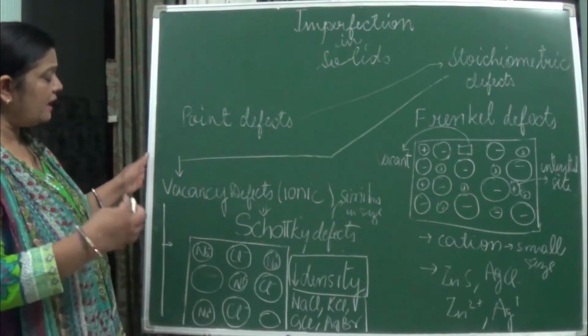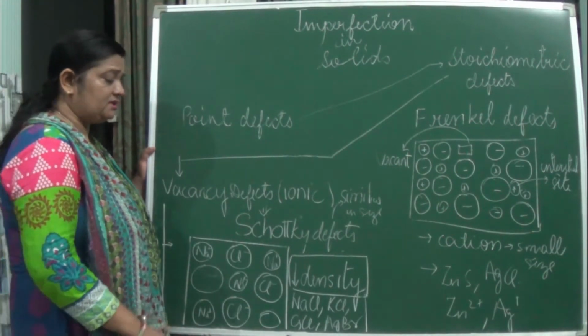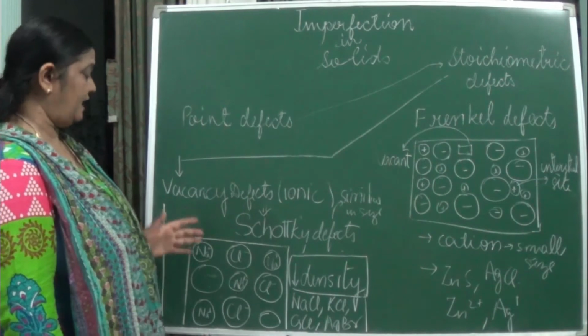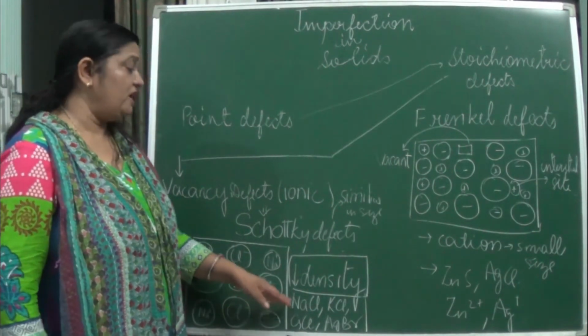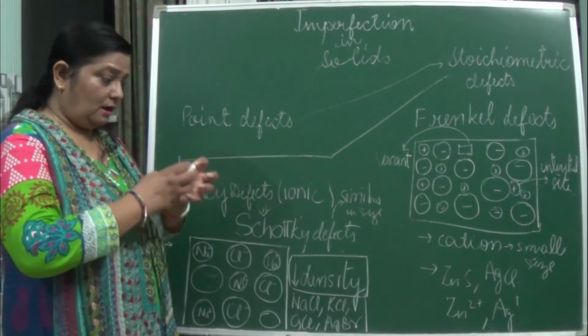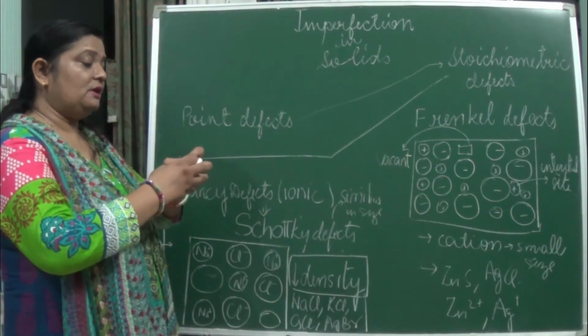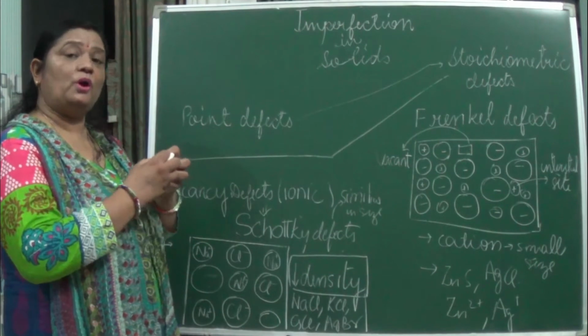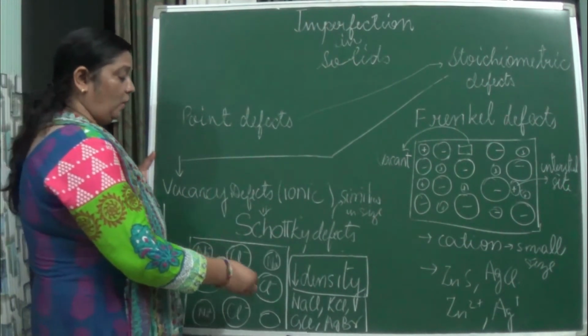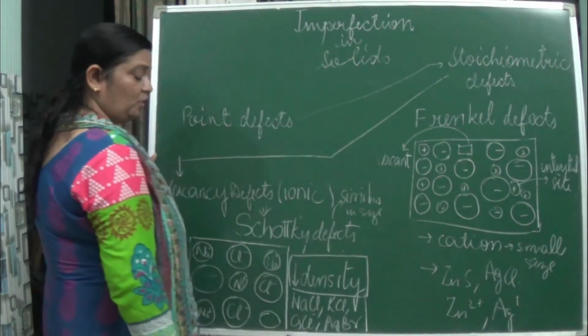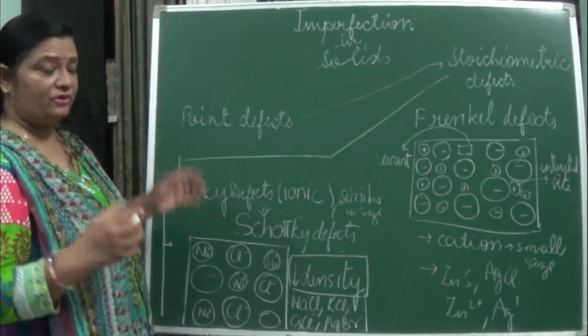So in which type of solids or compounds can we see this case of defect, the Schottky defect? That is where the atom size is similar in nature, like we are seeing with Na and Cl. No such big difference is there.